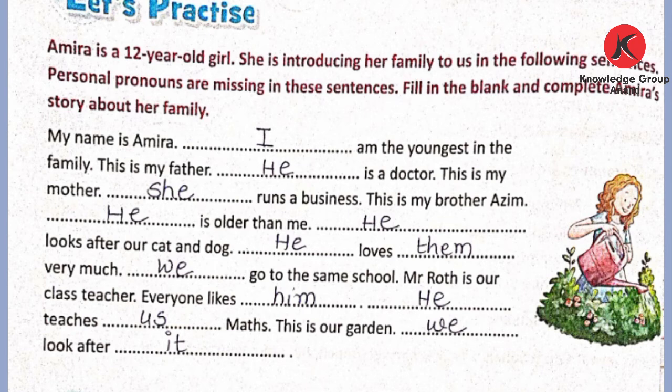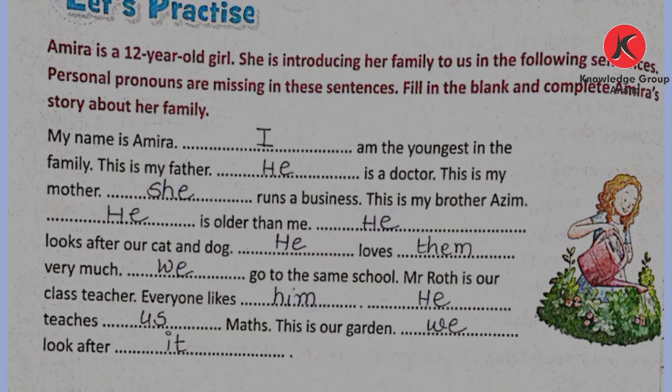Also, you have to write the definition of pronoun and types of pronouns, in that personal pronoun, subjective and objective. On page number 41, you have to write down just the definition. Once again, go through the textbook and the tables given about subjective and objective pronouns. Have a good day and thank you all.